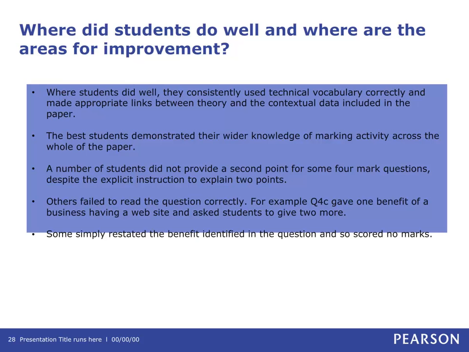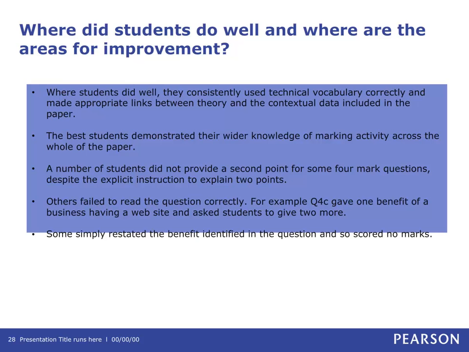Where students did well, they consistently used technical vocabulary correctly and made appropriate links between theory and the contextual data included in the paper. The best students demonstrated their wider knowledge of marketing activity across the whole of the paper.